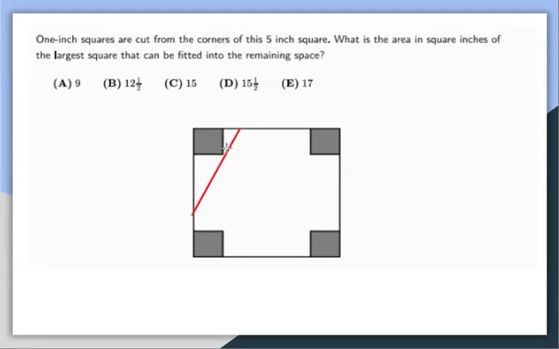If I try, maybe I can go through this corner, which might be better as well. Okay, and then I'll do something like this. And then the last one might be something like this.